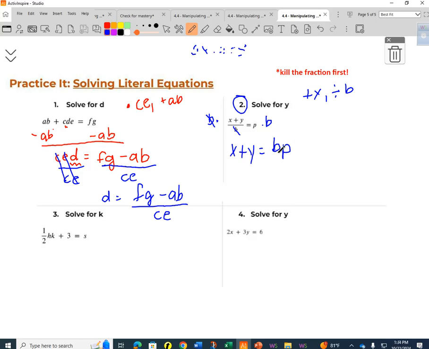We typically write these in alphabetical order. You could write it as t times b. It would be fine. I forgot to indicate that I was solving for y here. Now, I can undo my adding x by subtracting x from both sides. So now I know that y equals b times t minus x. All right?